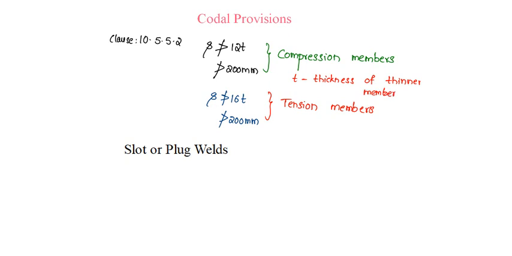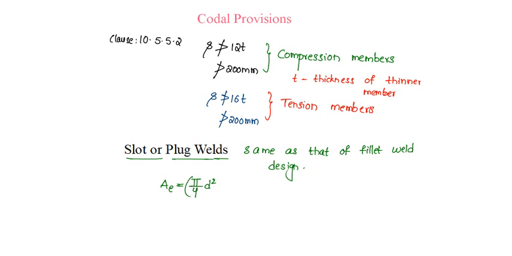And the design of slot or plug welds is the same as that of fillet weld design. But the effective area of slot or plug welds is taken as pi by 4 times the diameter squared of the plug or slot provided.